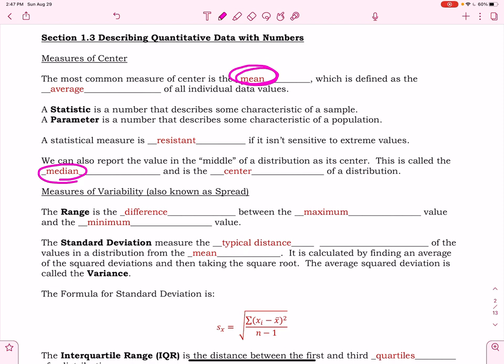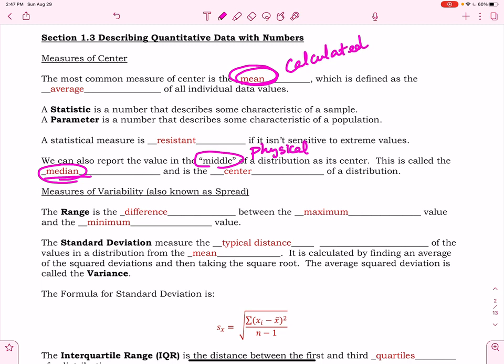When we're talking about the median, it's actually a physical middle of our numbers when they're in order from lowest to greatest or greatest to lowest. So keep in mind that the mean is a calculated value and the median is a physical value. Okay, so that's going to help us here in a minute.